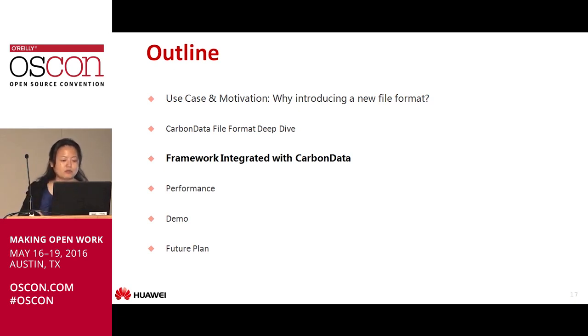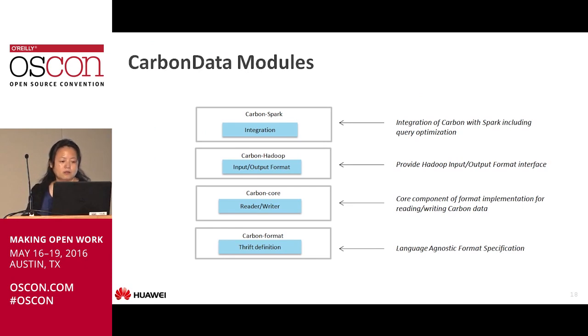Now let's move on to talk about the frameworks we have integrated with CarbonData. To give you an overview of how the modules are organized: at the very bottom, you can see we have the Carbon format. This is a format specification, which is a language-agnostic definition.